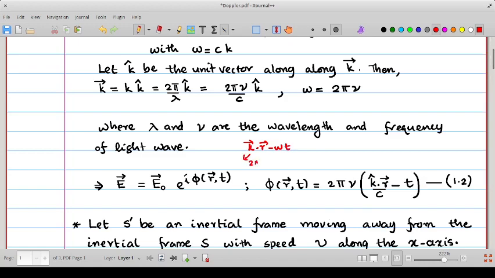Now k equals 2 pi nu by c times the unit vector k, and omega equals 2 pi nu. So together we can write this, taking 2 pi nu outside, as 2 pi nu times (k cap dot r by c minus t).